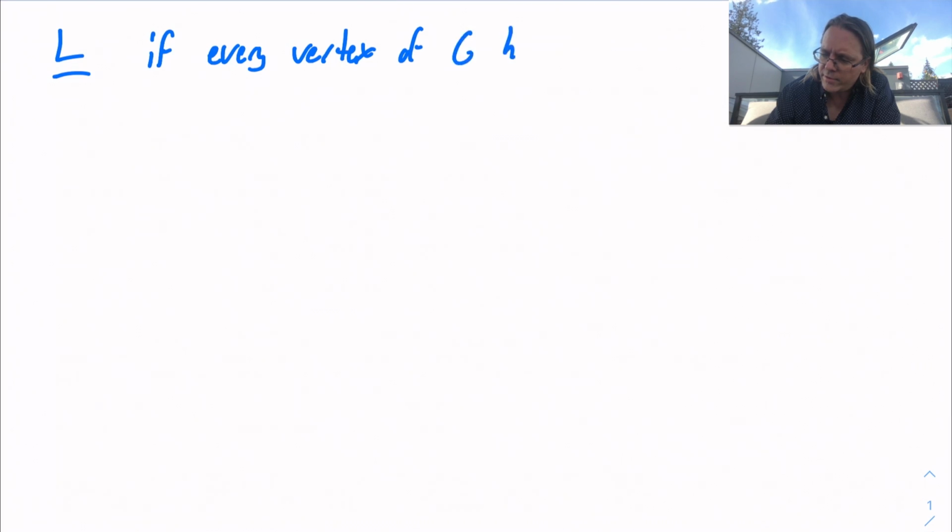So our first lemma is the following: if every vertex of G has degree at least 2, then G contains a cycle.